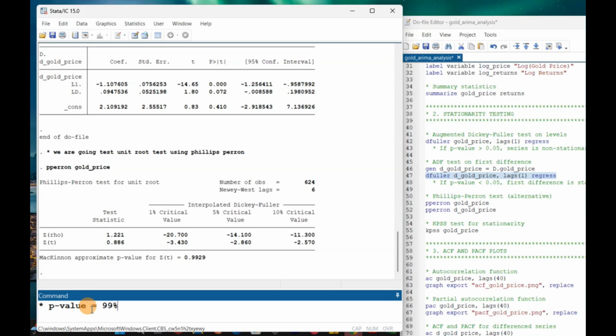Can we have autocorrelation? The command for the autocorrelation will be AC. A stands for auto, C stands for correlation. And then we put our gold_price.